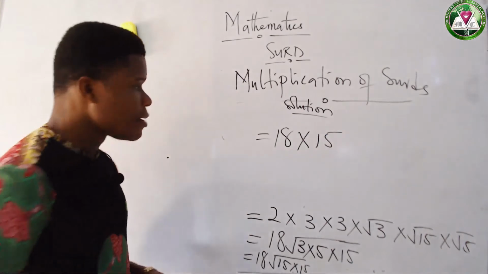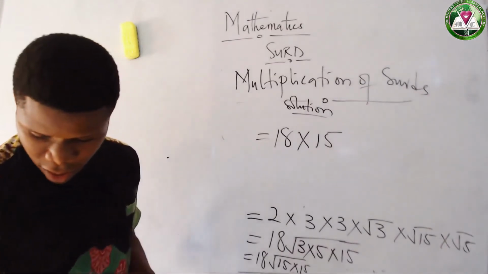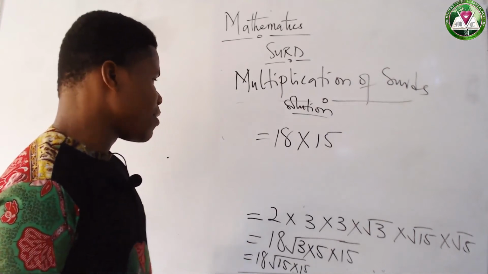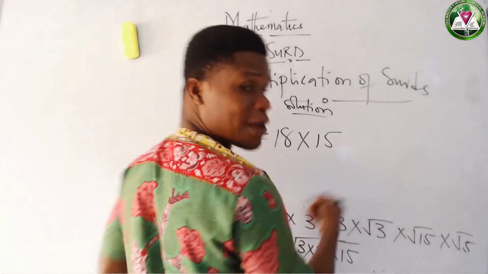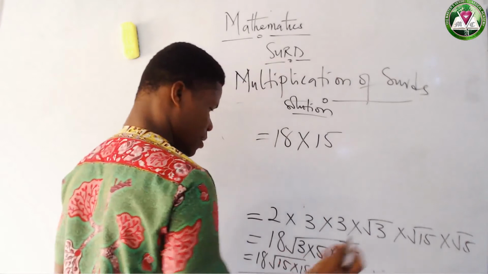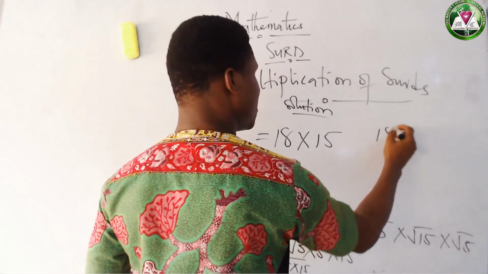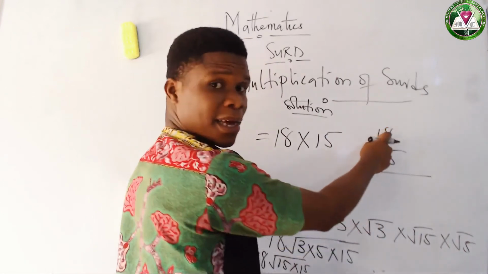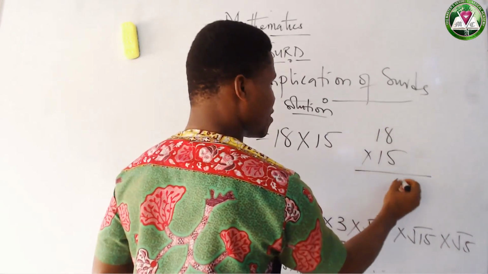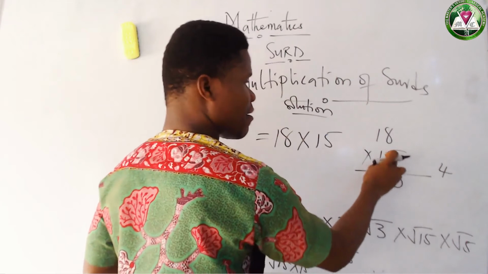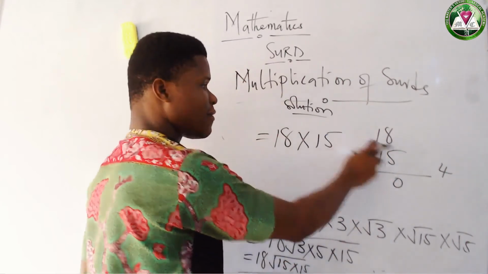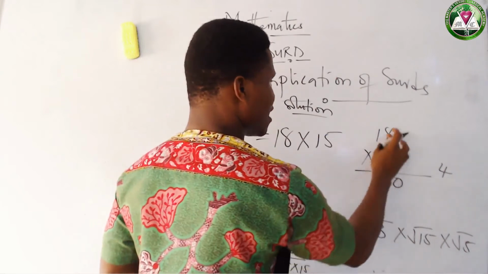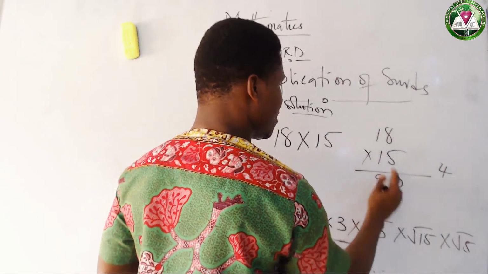And when we have 18 times 15, what will it give us? Let's multiply it so we can see how we're going to get it. This will give us 18 times 15. 5 times 8 is 40. 0 carry 4. 5 times 1 is 5 plus that 4, that is 90. 1 times 8, 8. 1 times 1, 1.